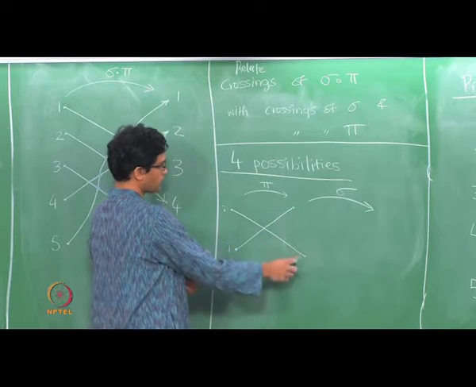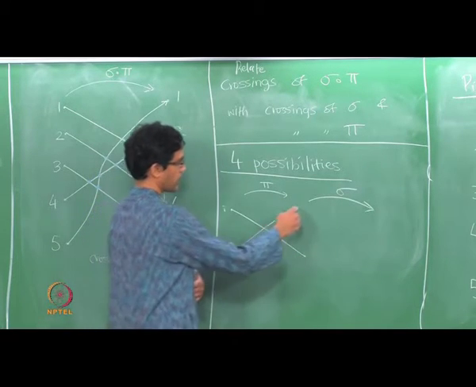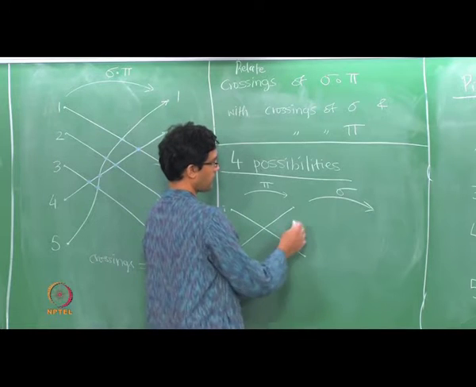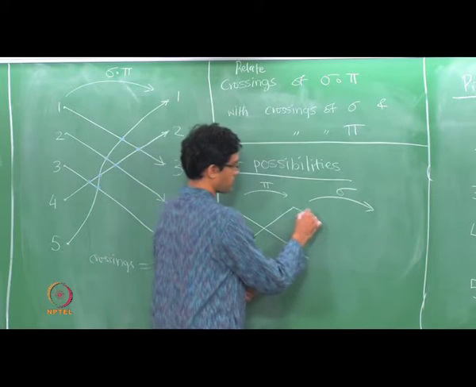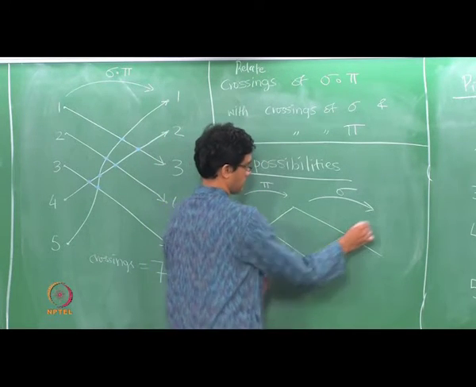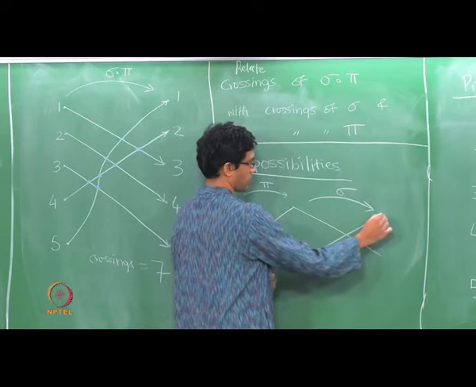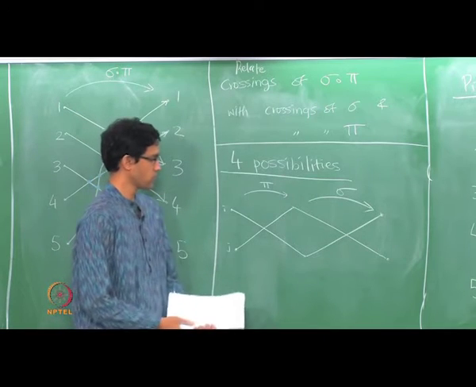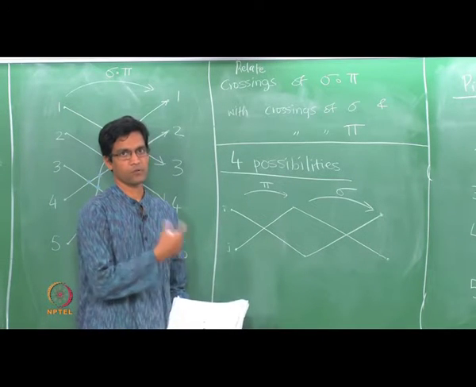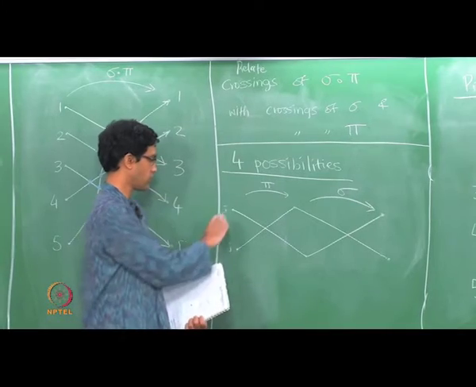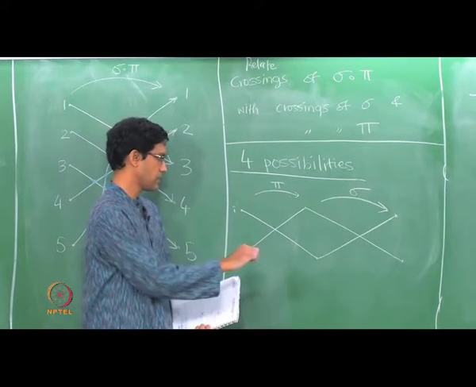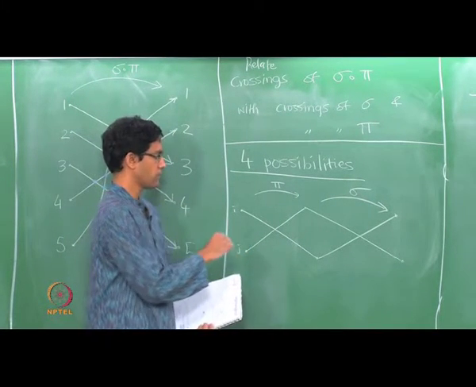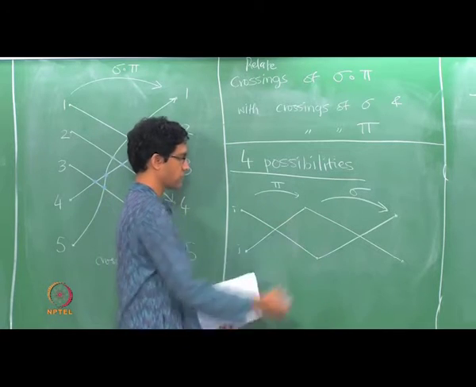And now I have 2 resultant numbers here, which I need to further map under sigma, and maybe sigma does the same thing to them. Sigma again leads to a crossing, it inverts the order of these 2 elements. So here is one possibility, that I have the numbers i, j for this pair, pi gives me a crossing, and for the resulting numbers sigma again gives me a crossing.